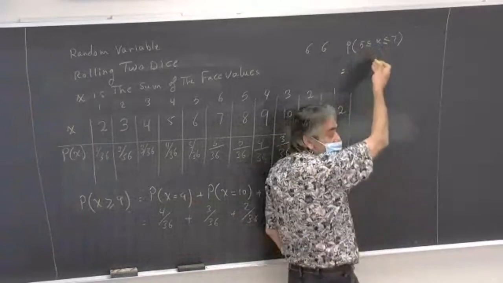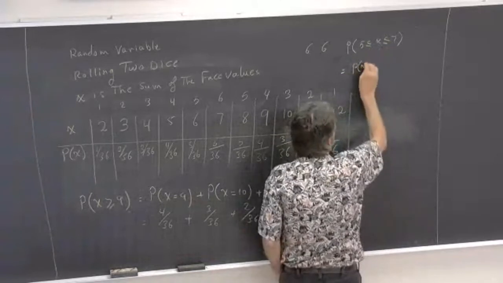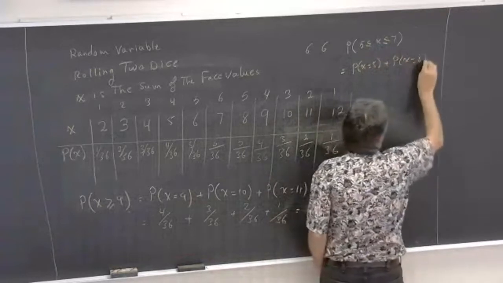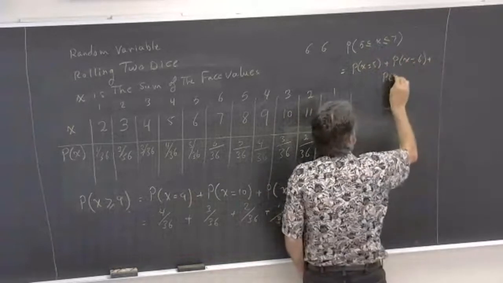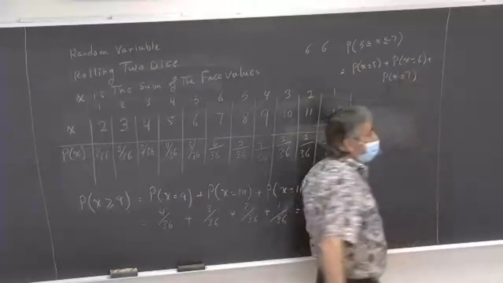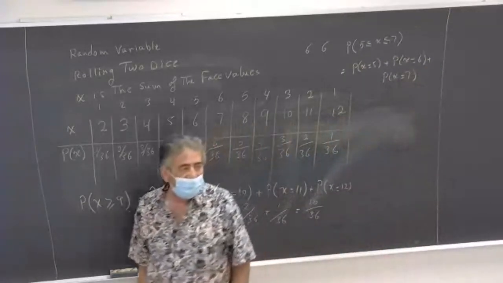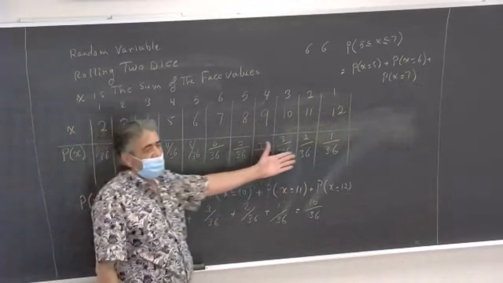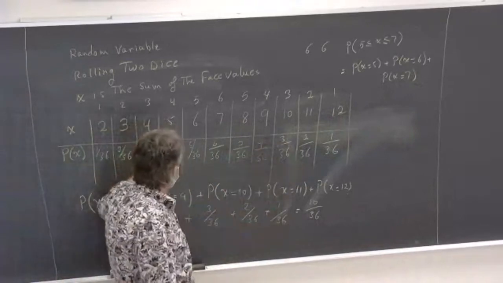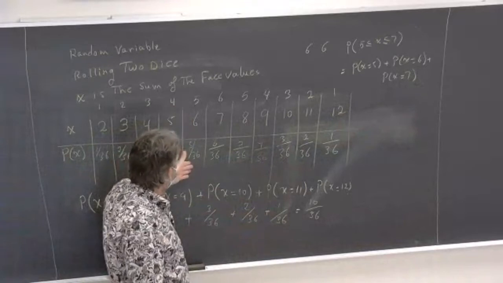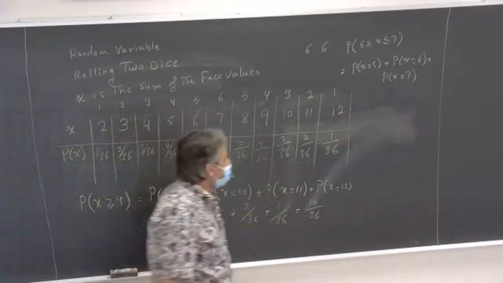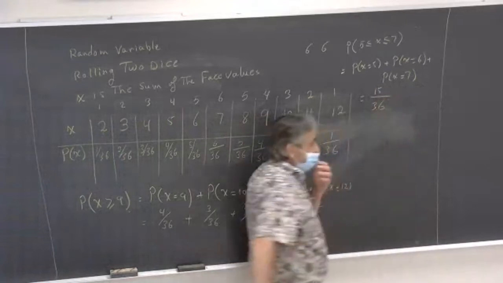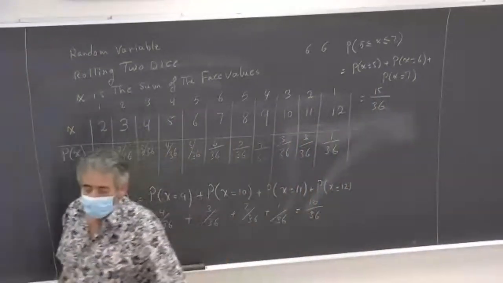Yes, because it says equal, right? So the probability of x equal 5, probability of x equal 6, probability of x equal 7, you get those numbers, you add them up, and that will be your probability. And you already have the probability distribution right here. You can just pick each one. 4 over 36, 5 over 36, 6 over 36. That will give me 15 over 36. Yeah?